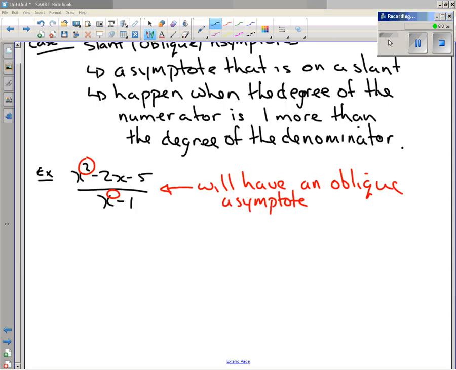So if we're looking at graphing this equation, the first thing we would look at is, can we factor our numerator? We can't factor that, so we're going to have to leave it as is. That's not going to change anything. The only thing that's going to make it a little bit more difficult is to find our x-intercepts. But other than that, we can still continue on.